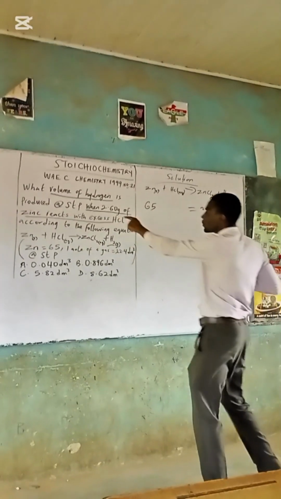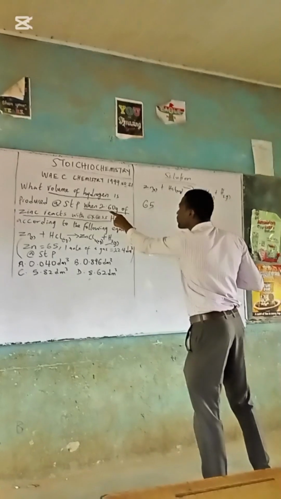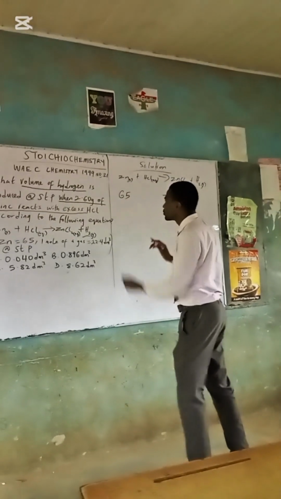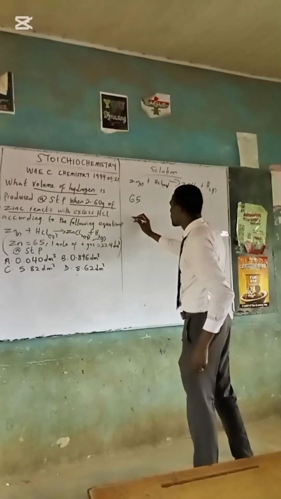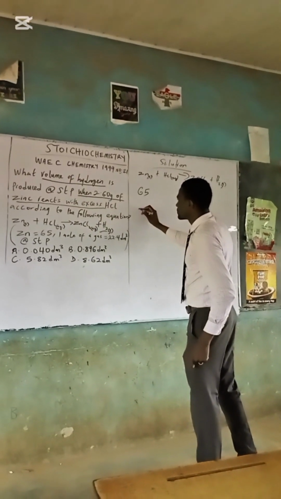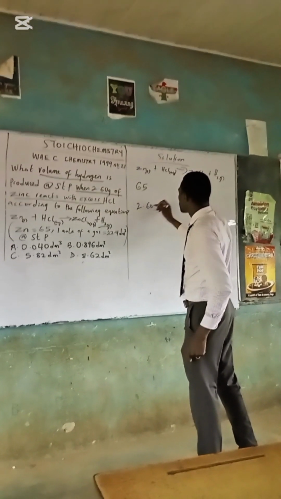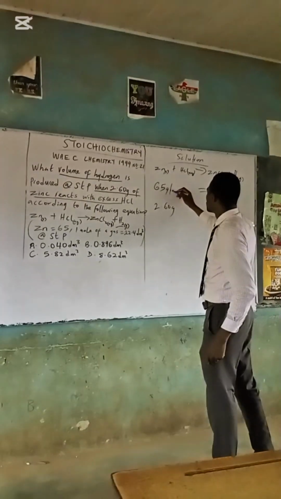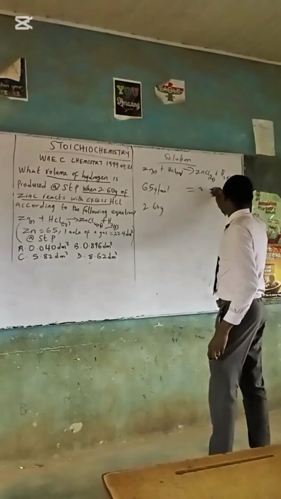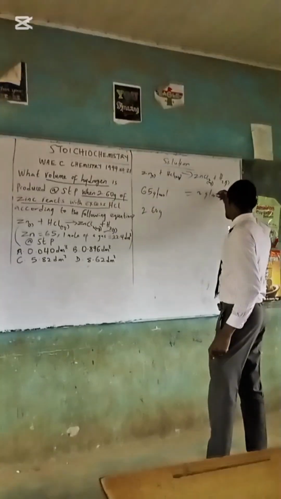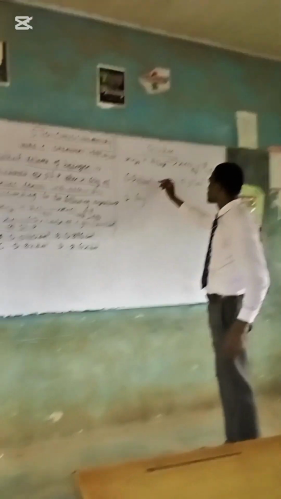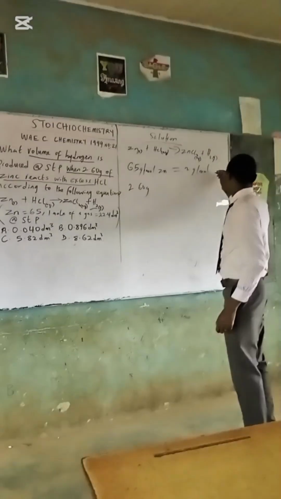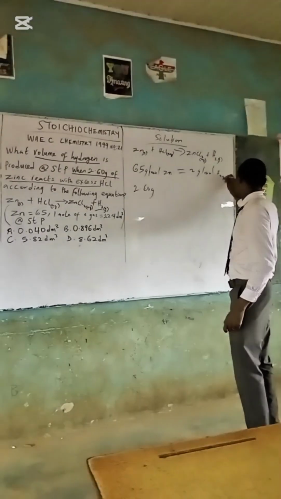Now, according to the question, we have 2.60 grams of zinc. So put the mass here, 2.60 grams. This one is in grams per mole. That's the molar mass, that's the unit. This is for zinc, and this is for hydrogen gas.